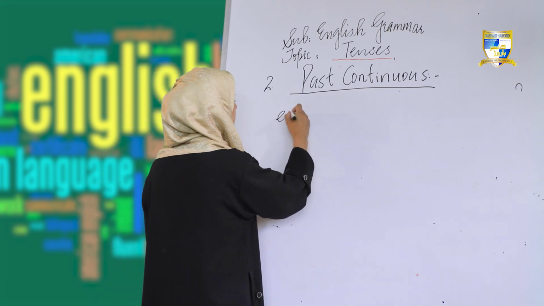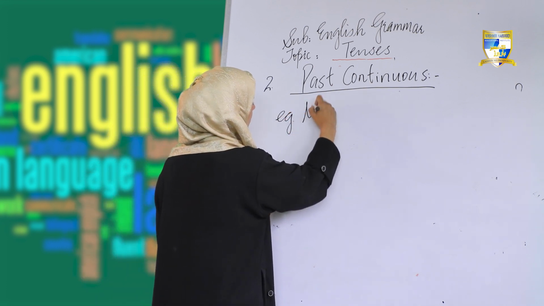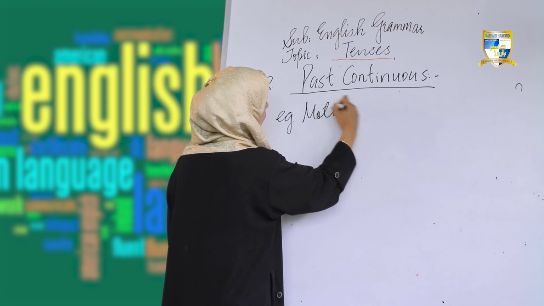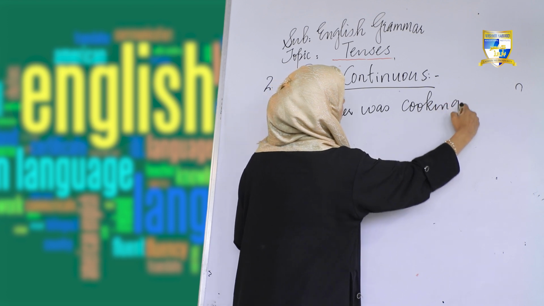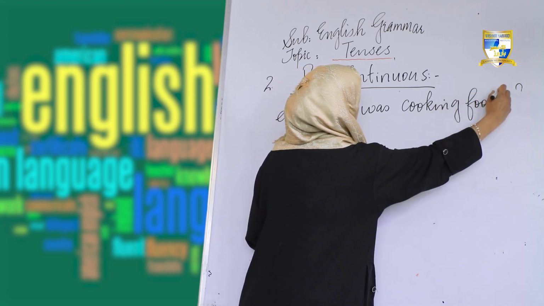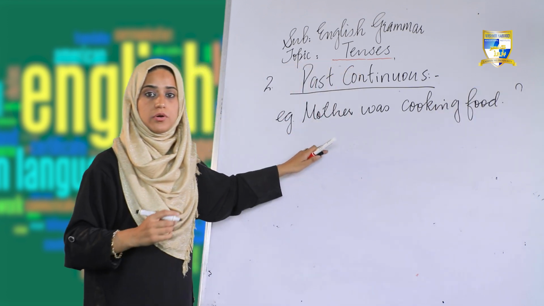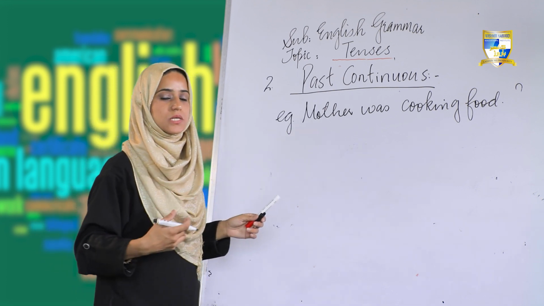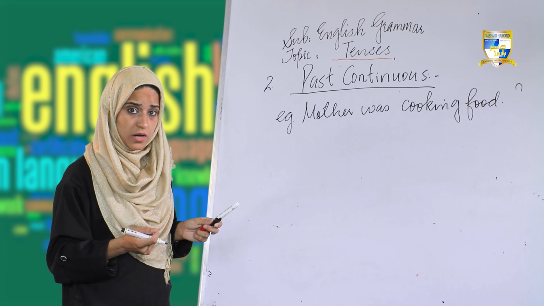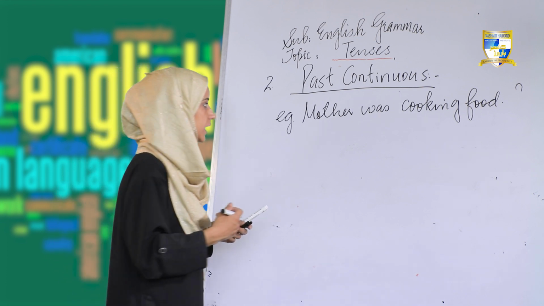For example, mother was cooking food. This cooking of food is an action that happened in the past, but it was continuously going on. Mother was not done with her food, she was still cooking it.